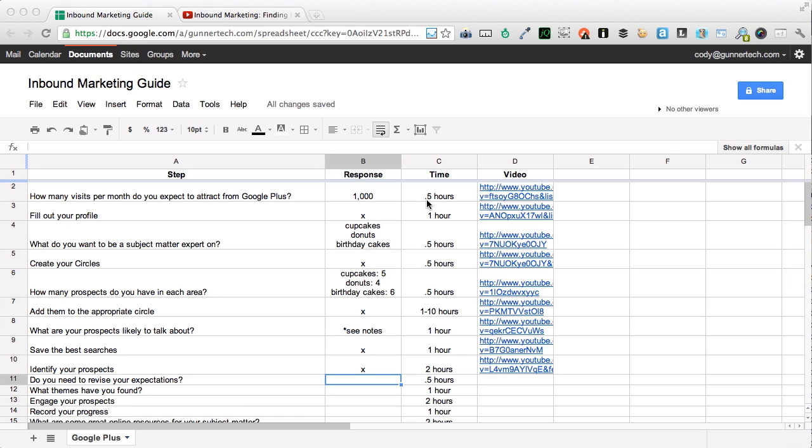And you obviously don't need to know for a fact, but you need to take a look at how many prospects you have in each bucket and say if that's too low, too high, or just right. So for example, we have 3 buckets for prospects: cupcakes, donuts, and birthday cakes. If you are able to put, say, 10 prospects in each, that means that you're going to have about 30 prospects.